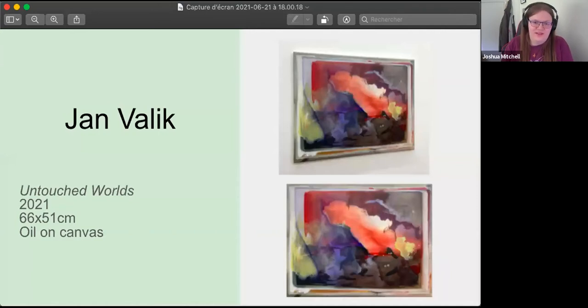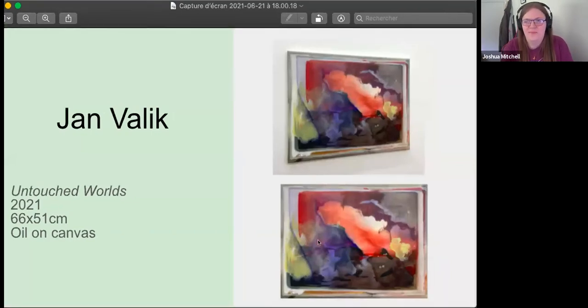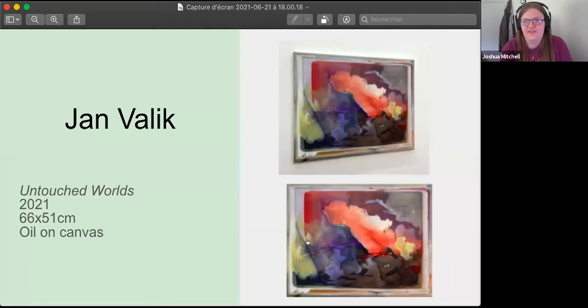And it's in part in relation to the effect of the environment, but also the technical side of things.